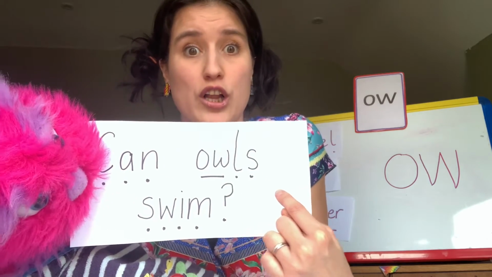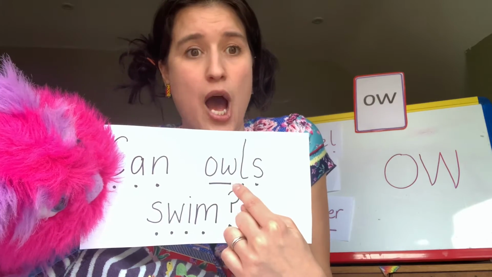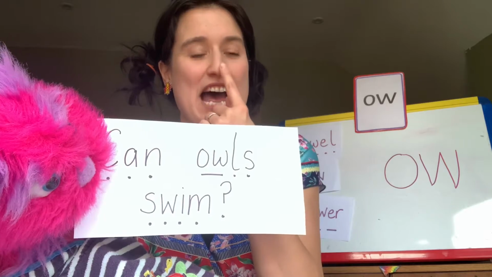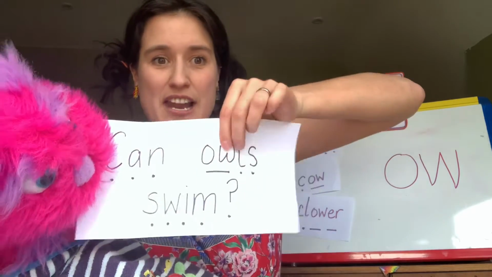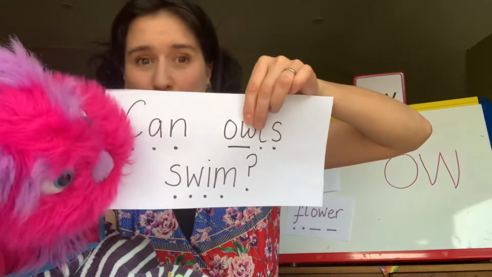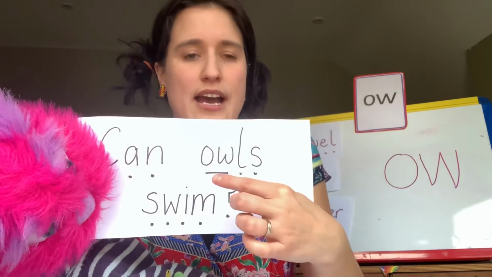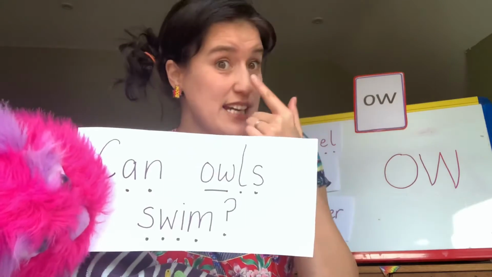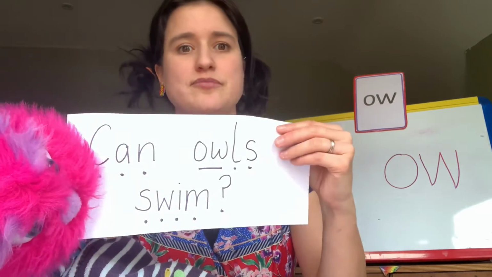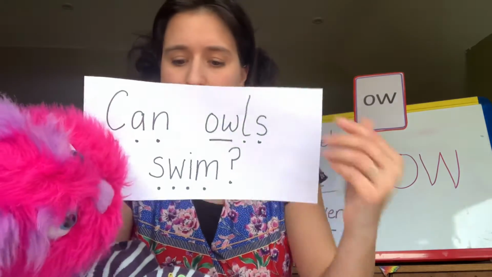Ow, all, s. Hey, well done. Fingers on your noses. Look, Alfie, you put the sound of the day, didn't you? Good spot, everybody. Let's blend that word again. We got distracted with our fingers, didn't we? Ow, all, s, owls.